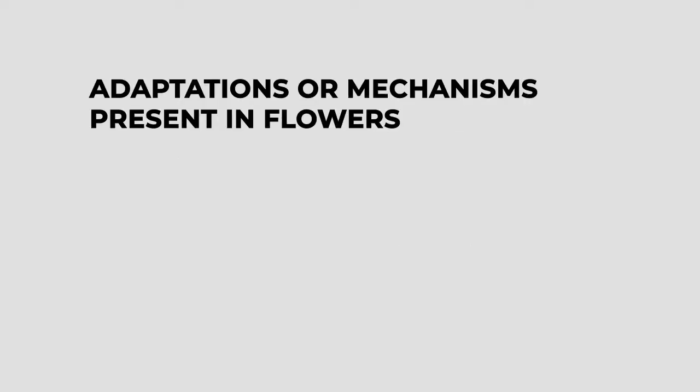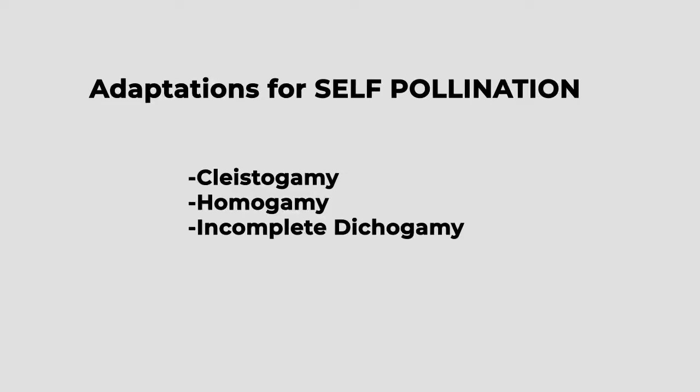Okay, now let us know what are the adaptations or mechanisms seen in flowers. They are clistogamy, homogamy and incomplete dichogamy. These are the adaptations. Let us see one by one. The first one is clistogamy.